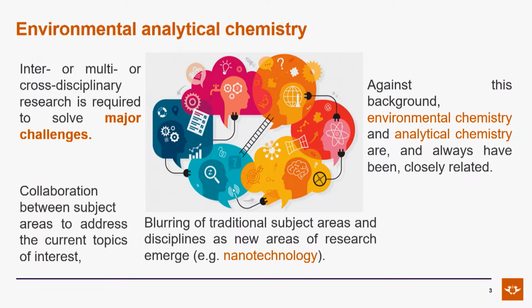So why this story? If you have an interest in the environment, you will need to have an idea of the environmental issues. And if you want to know the environmental issues, you will need an analytical chemist, or you need an analytical chemistry background to be able to tell that the water has a lot of iron, or a lot of metals, or a lot of organics.